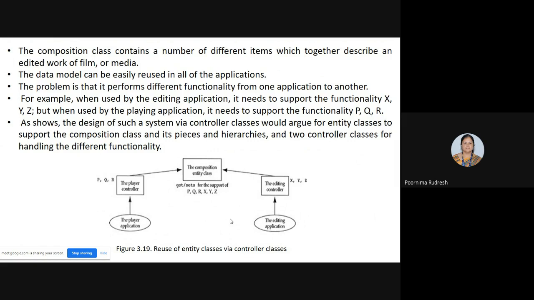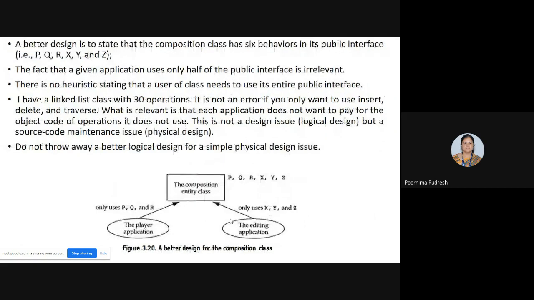Then the designers may argue for 2 controller classes which will handle the different functionality, and then we move on to a better design compared to this. So here all the behaviors are placed in the same composition class itself, and the editing application will make use of some set of behaviors, and the playing application will make use of the other.